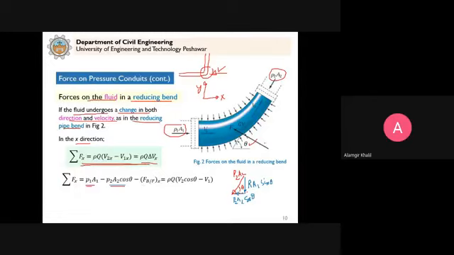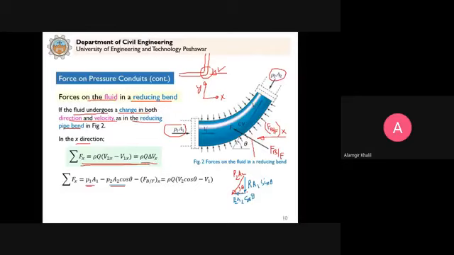And also this force which is acting here, this will be the force of bend on the fluid, the total force. So it will have two components. What will be the two components for this force here? One will be this component here in the x direction. So this will be force of bend on the fluid in the x direction.